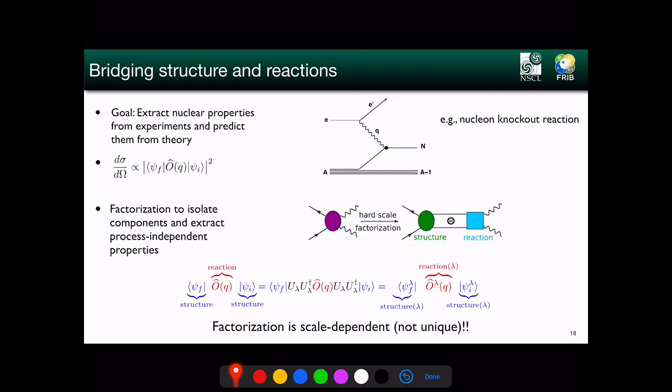And we're going to map it from a theory at a high resolution picture to a theory at a low resolution picture here. And so you see the process of doing that mixes up and entangles what was previously called reaction, what was previously called structure. As you change the resolution scale, everything gets mixed up here.